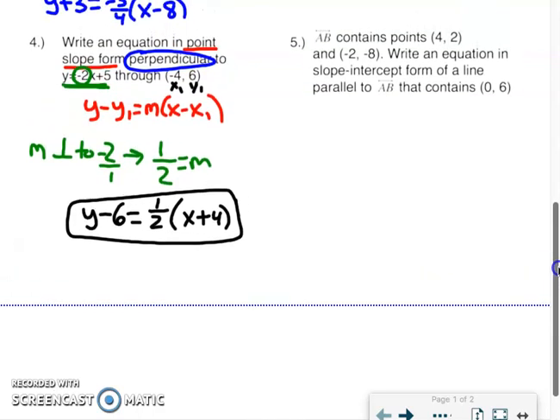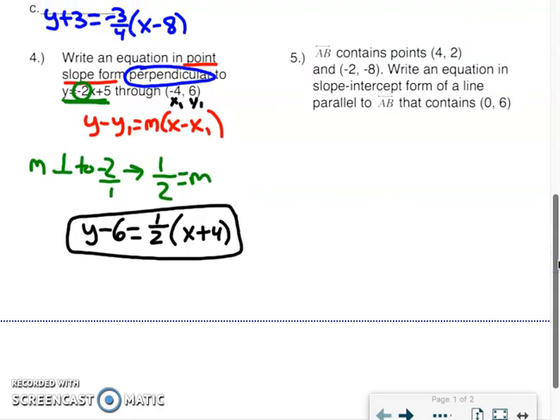Another test type question, they give you the points with no slope. We do need to write this one in slope-intercept form in just a second. All right, this is a parallel problem, and then they give us a point, so we have an x1 and a y1. First thing we need to do, whether it's slope-intercept or point-slope, is we need the slope.